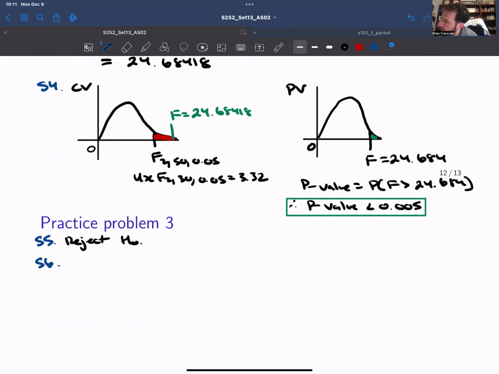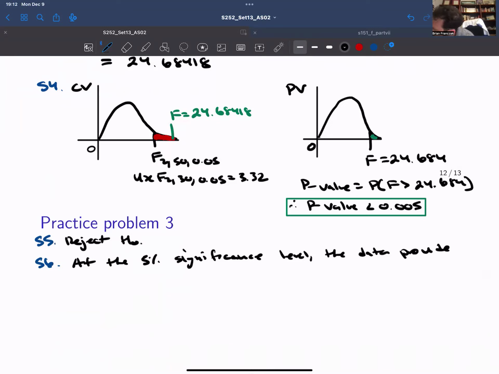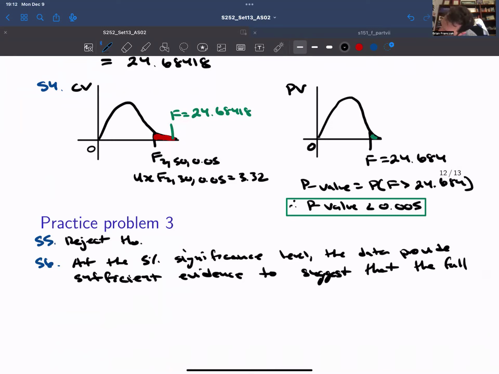And on step 6, we would say at the 5% significance level, the data provide sufficient evidence to suggest that the full model is required.